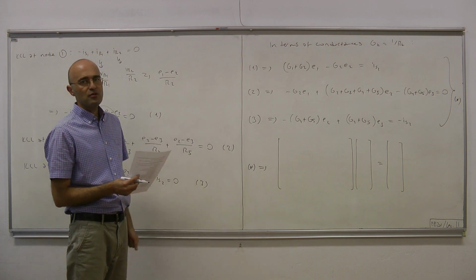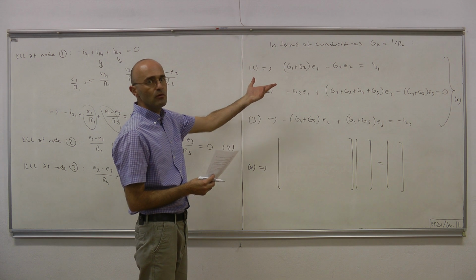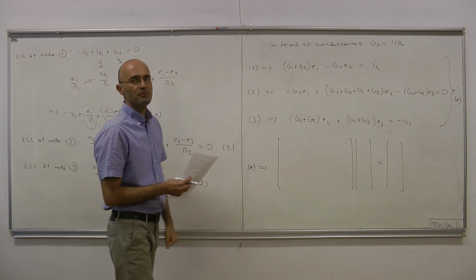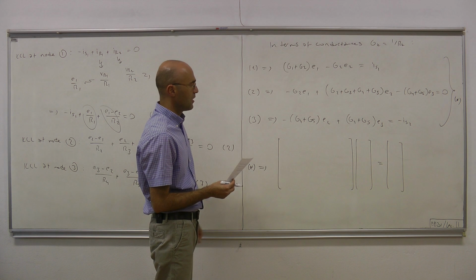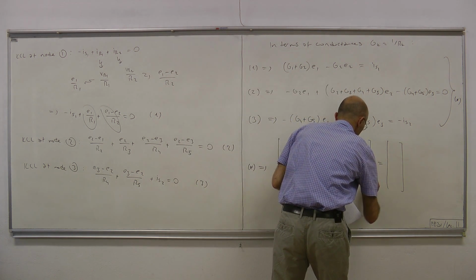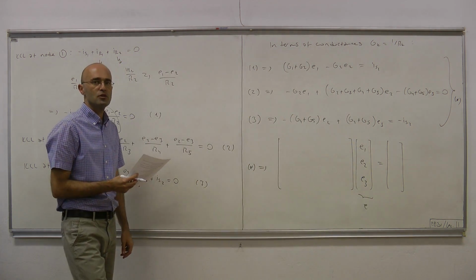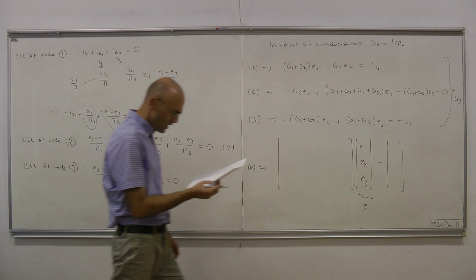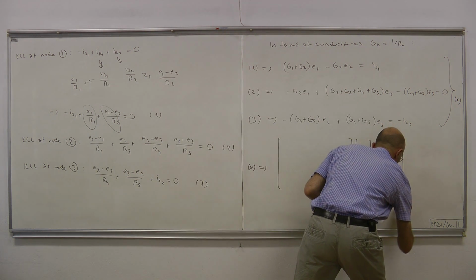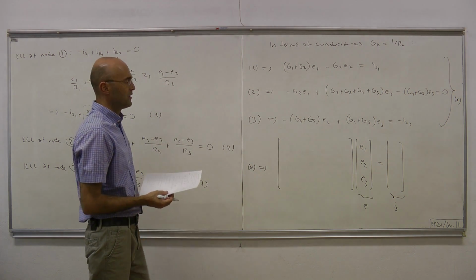Okay, let's fill in the entries of those matrices and vectors. All we need is already on the board. Okay, the set of equations star. This is our vector of unknowns, E1, E2, and E3. And we earlier called that vector node voltage vector, E. This vector we're going to call IS, that contains the known entries.